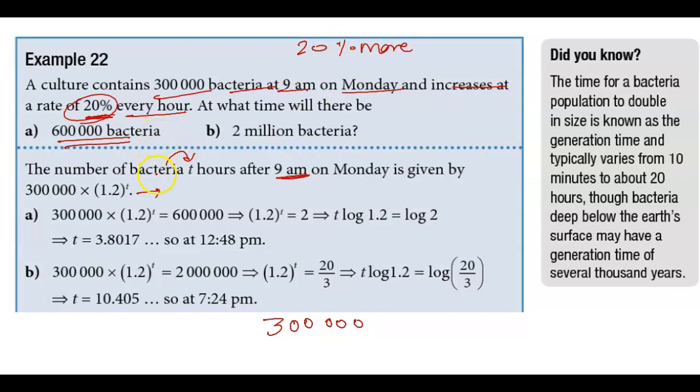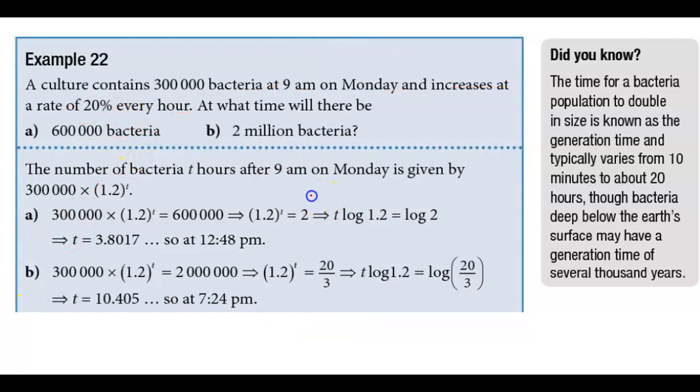So it will become 1.2. Now, how did we get this 1.2, children? Suppose the increase is written as 20% and it increases at a rate of 20% every hour.